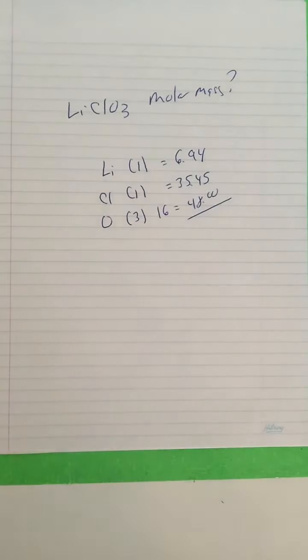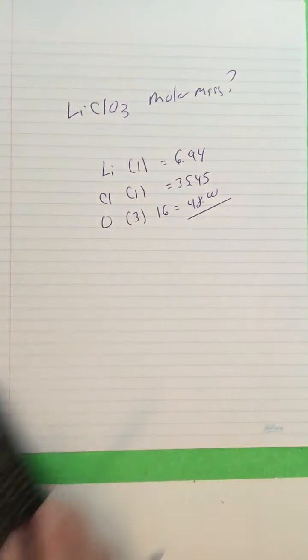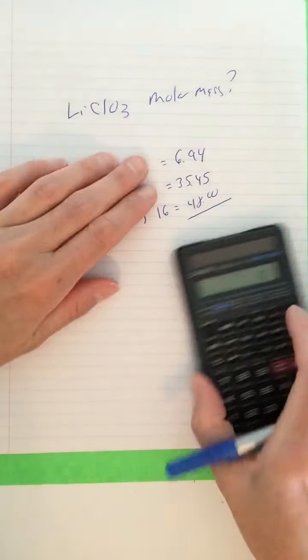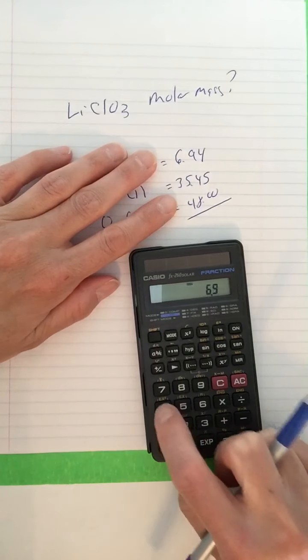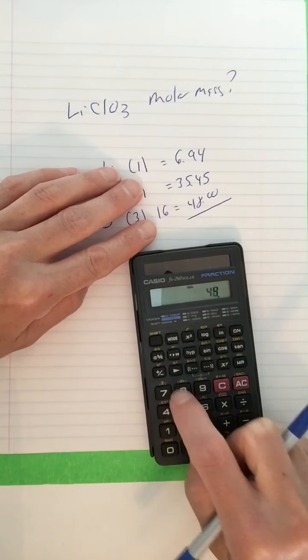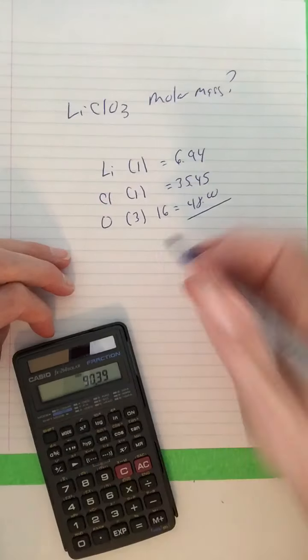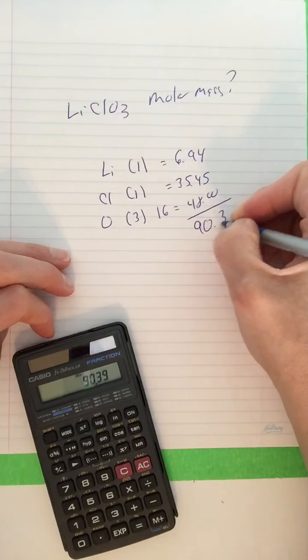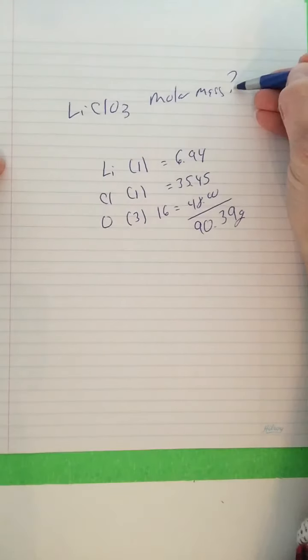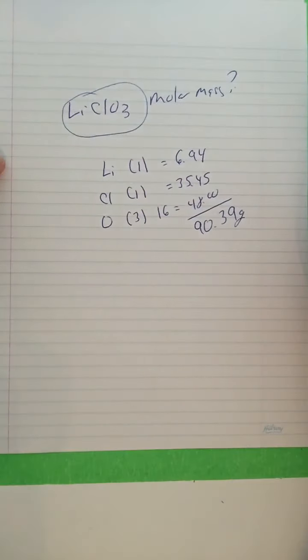And now we've got to add them up. Let me find my calculator. Here it is. So let's add them up. 6.94 plus 35.45 plus 48 equals 90.39 grams is the molar mass of LiClO3.